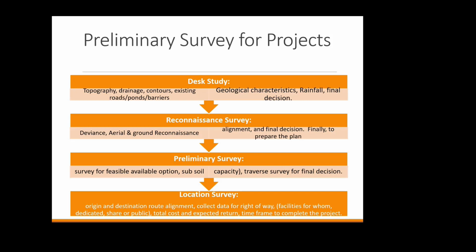So if we are going to check the feasibility options, such as the bearing capacity, we use a traverse survey to come up with the final decision. So traverse is basically to establish the control network.